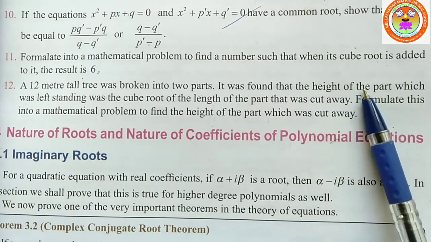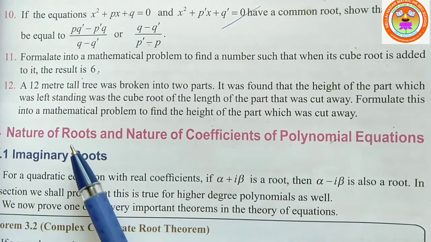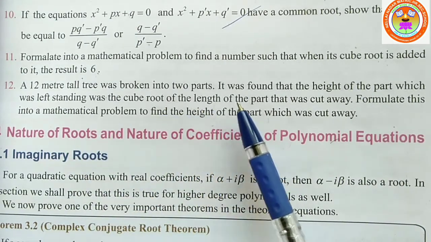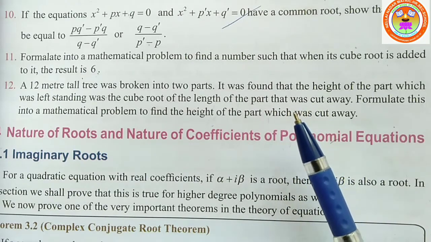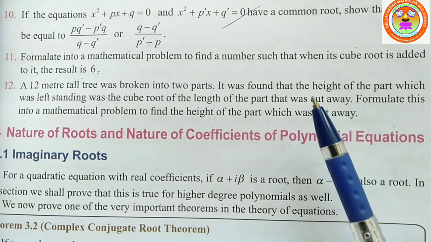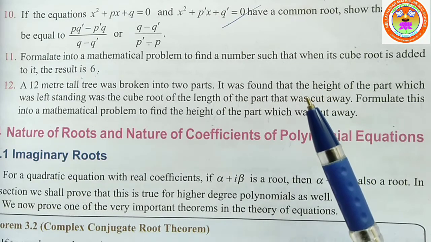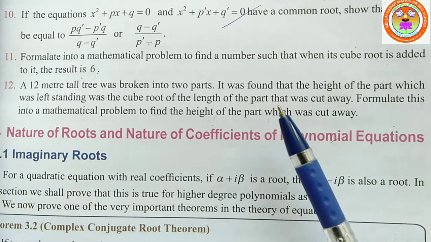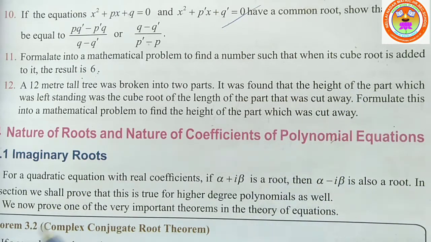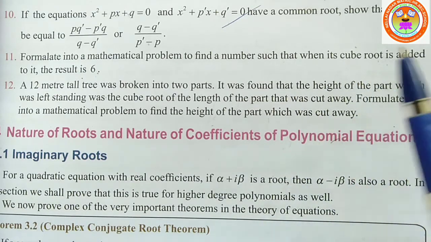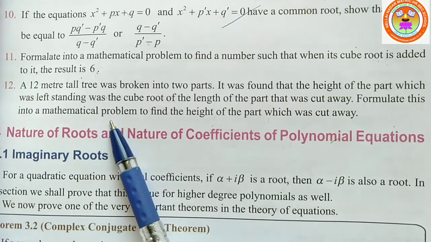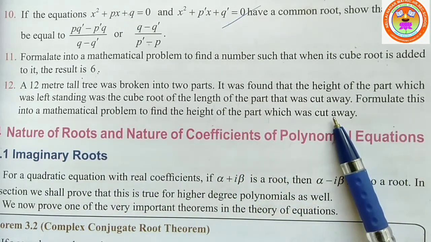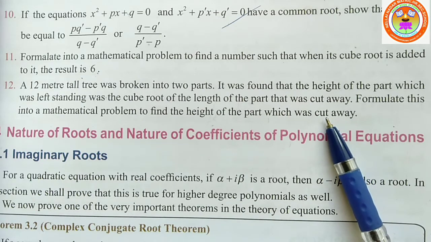Using this result, we have to formulate one cubic equation. Okay? That is the answer, right? See, no need to solve the equation. Our aim is to formulate one problem to find the height of the part which was cut away. Right? Is it clear now?